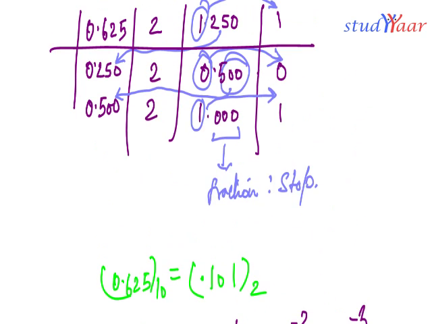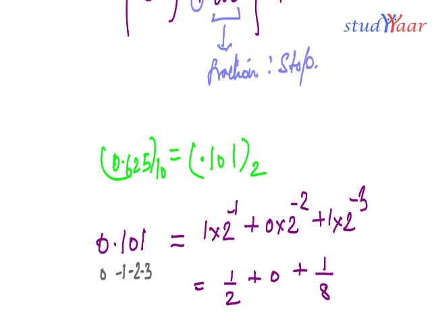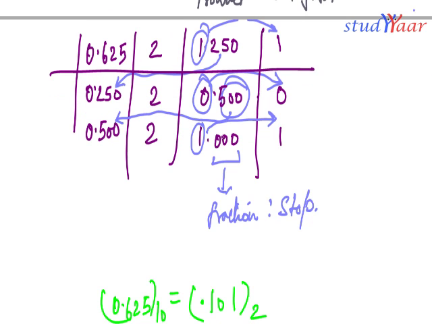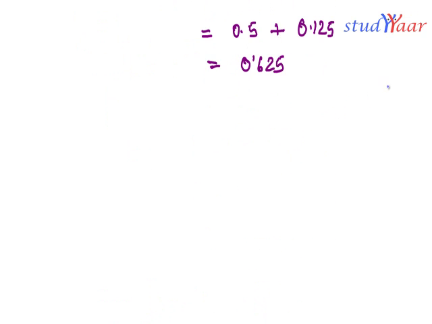But just understand one thing over here. You might not always get 000 over here. For example, let's suppose I had 0.624 and I wanted to get the equivalent binary number.